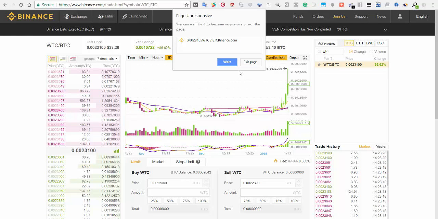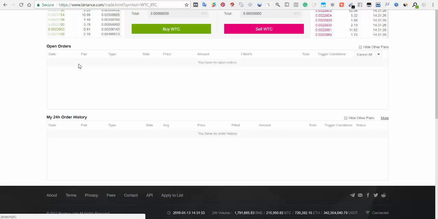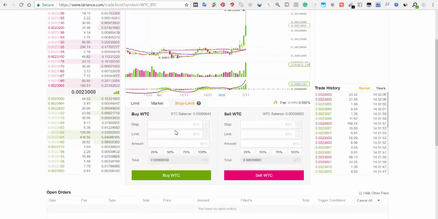See, this thing is unresponsive, and staring at your PC is going to waste your time, and it will make you not really be productive at other things. So you want to use this feature that Binance has, which is the stop limit. Okay, the stop limit will help you to buy at the best prices and sell in order to minimize your losses.